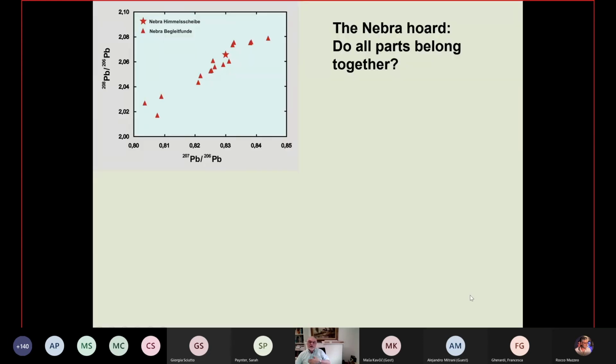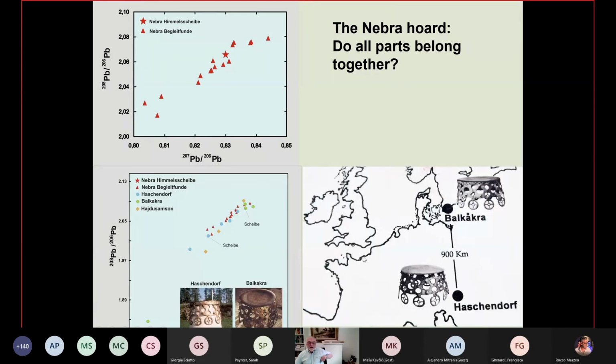And here actually, if we had seen only this diagram and before the chemical analysis, we would have said, no, the different parts do not belong together at all. They are all from different mines. And then we find that this type of copper, this is more or less a signifying feature of this copper of the Mitterberg region, namely very homogeneous chemical composition and very variable lead isotope composition.